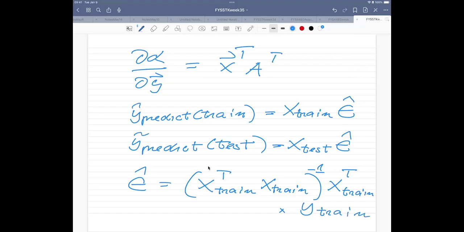So we have different predictions we make. We train on the train data, and that gives us theta. Then we are hoping that this theta is going to give us an equally good result on the data which was not included in training. These are the lines which you see in the code here.